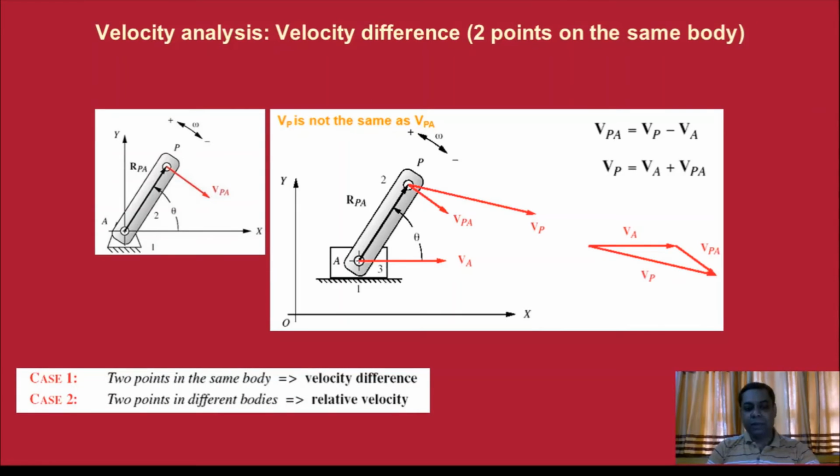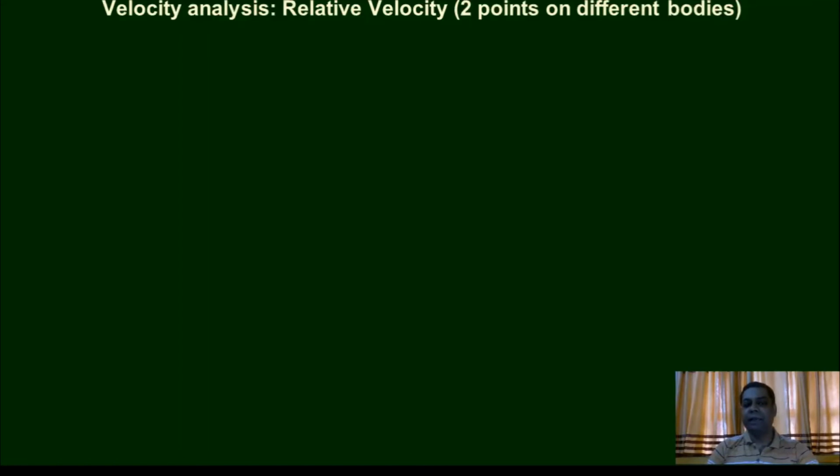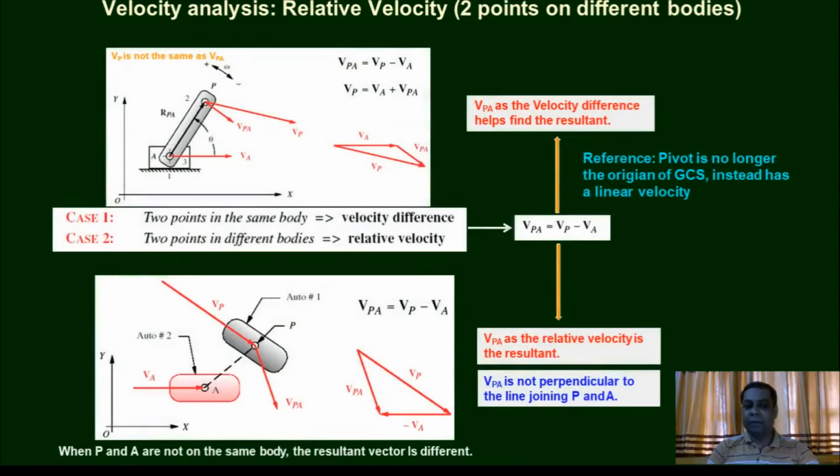Now case 1, that is 2 points in the same body, that is velocity difference, and case 2, 2 points in different bodies, that is called the relative velocity. Therefore Vpa is nothing but the difference between velocity of P and velocity of A, that is Vp minus Va. The next thing, velocity analysis: relative velocity of 2 points in different bodies.